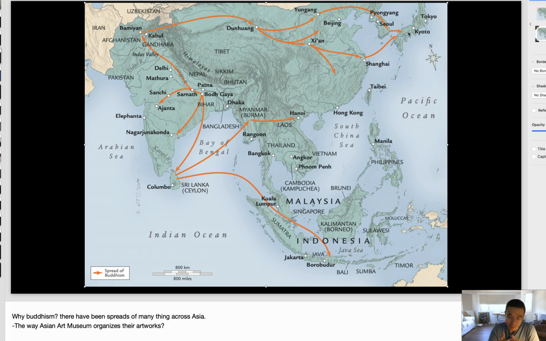Because I've been debating, even just between the old textbook and the new textbook, how I can tell this Asian art history better. Because this new textbook, as it's going back and forth between South Asia and East Asia, can seem daunting and confusing, even to me as the instructor.